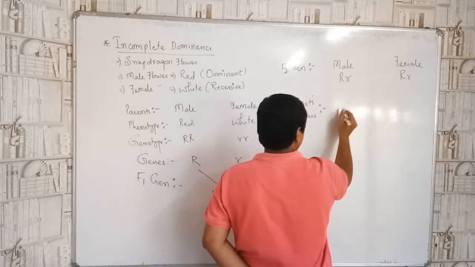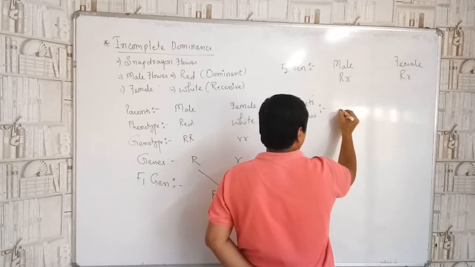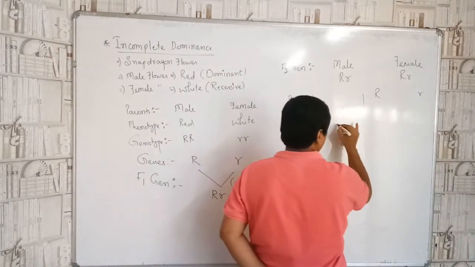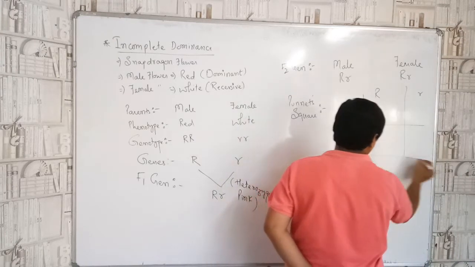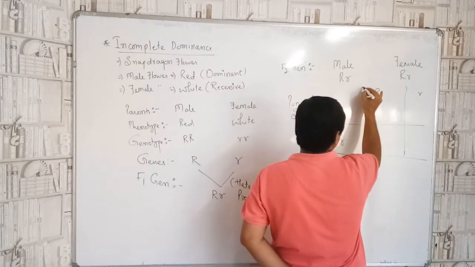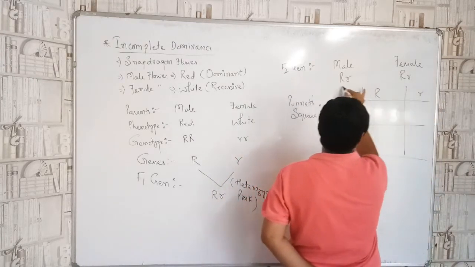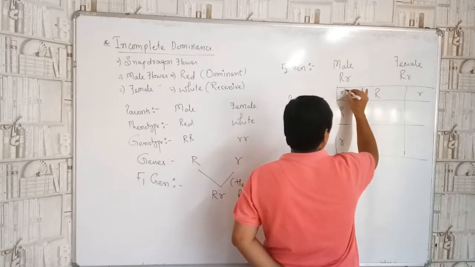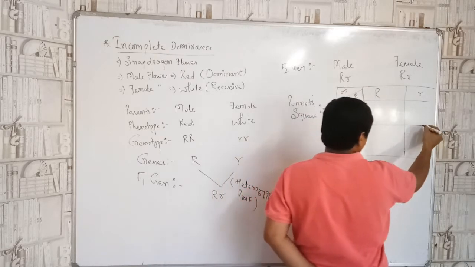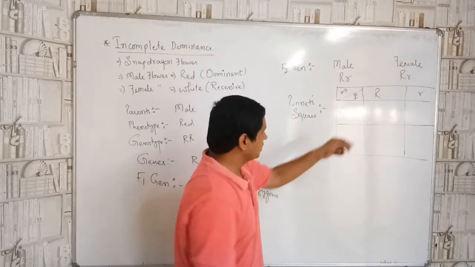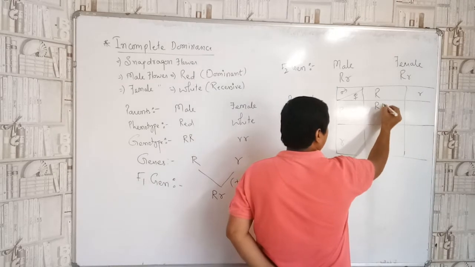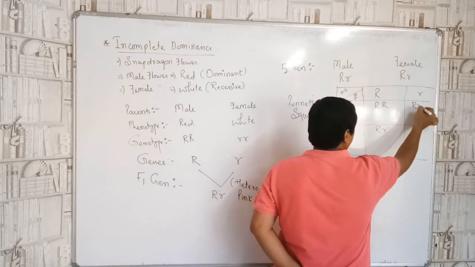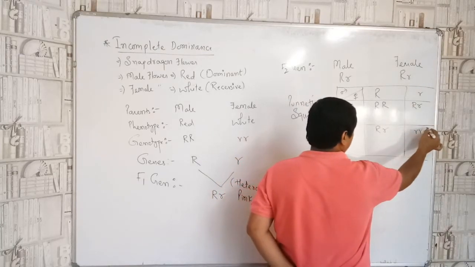This is the symbol for male and female. Now over here, that is RR, then Rr, then Rr, and then rr.